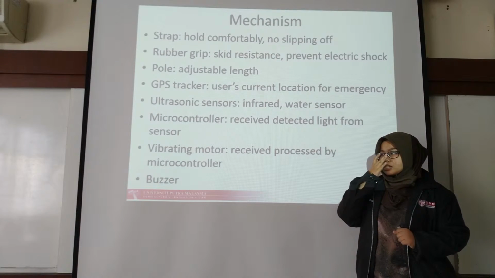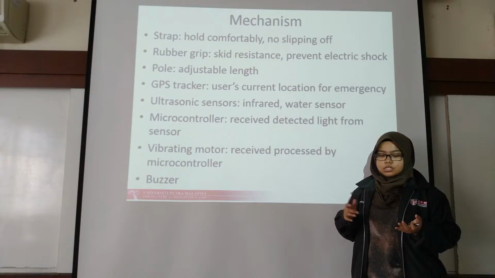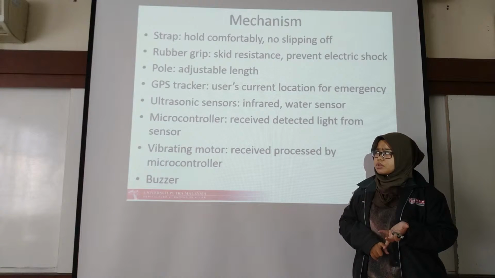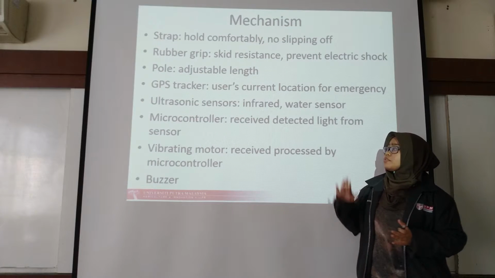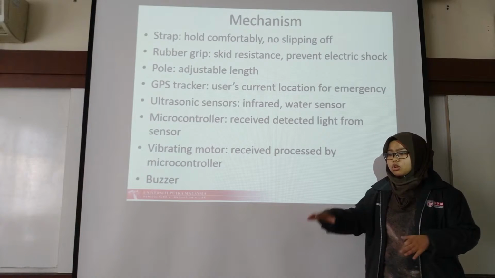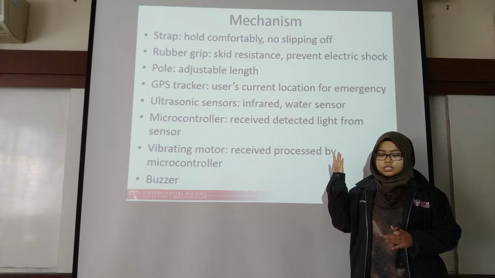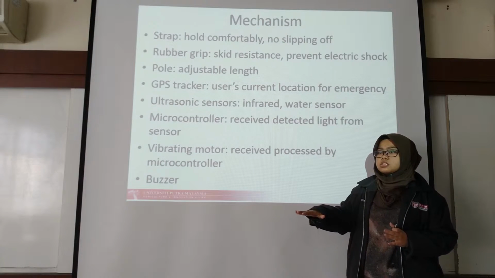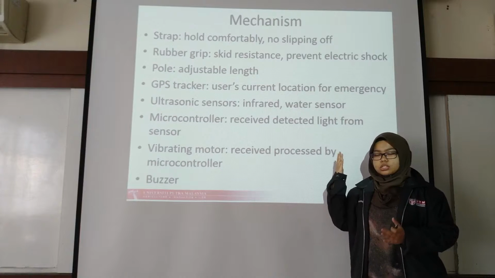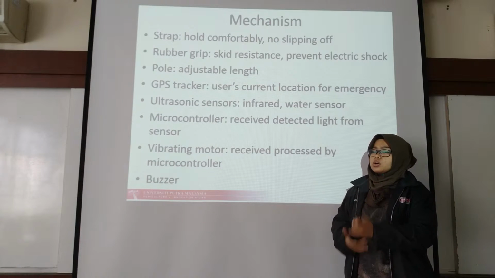Ultrasonic sensors detect obstacles like stairs or moving objects and can prevent collision. Infrared detects small obstacles like rocks or holes. And the water sensor detects wet surfaces, which is what we put at the base of the stick.